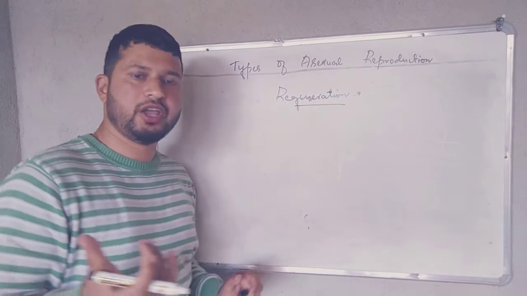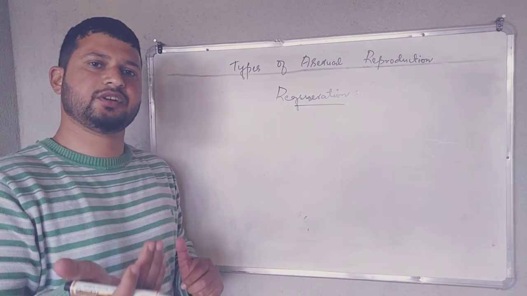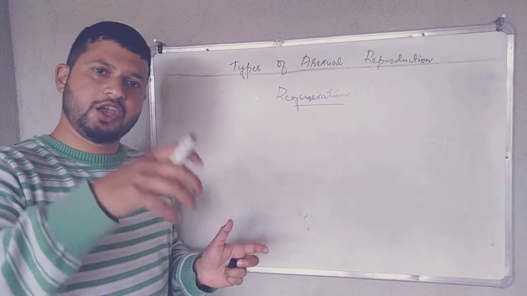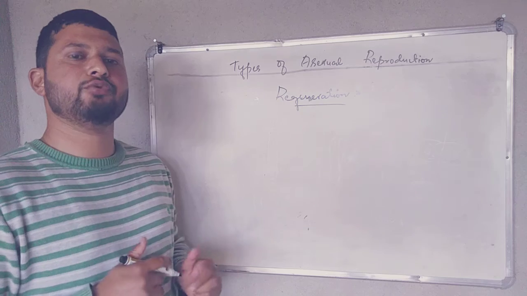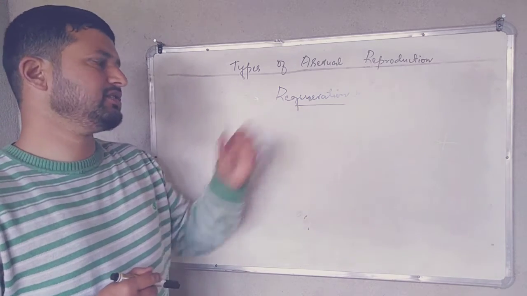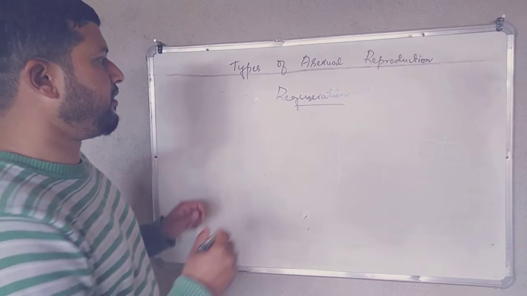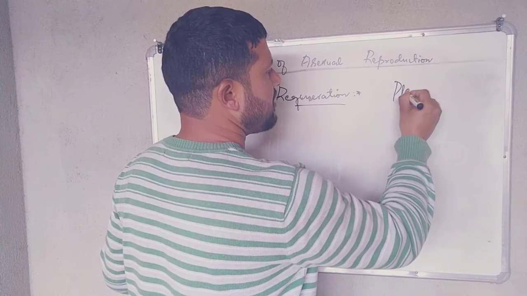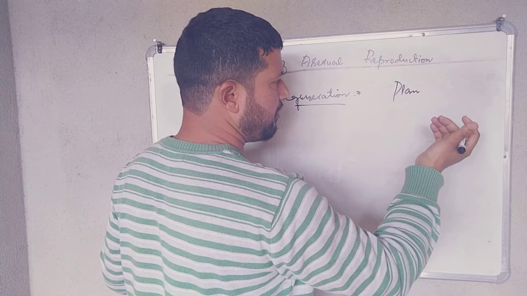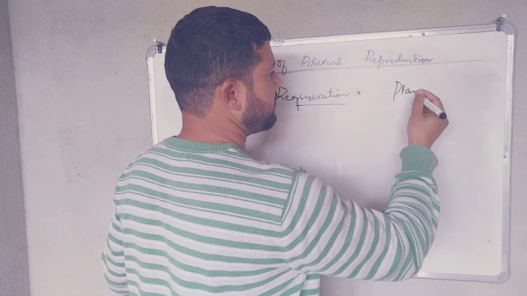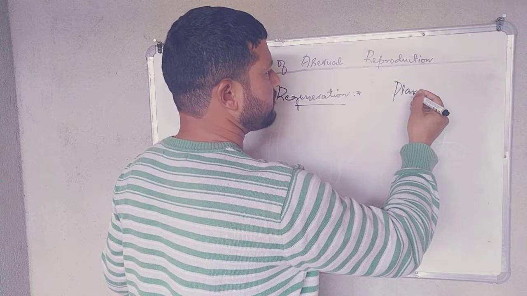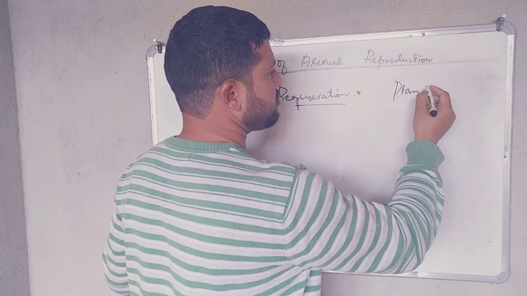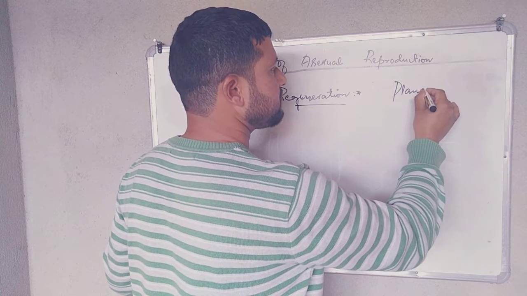If the body of an organism is cut into several pieces, each piece grows into a new individual by means of regeneration. For example, in case of Hydra and Planaria. Planaria is a flatworm which lives in fresh water, ponds, or in slow moving streams.